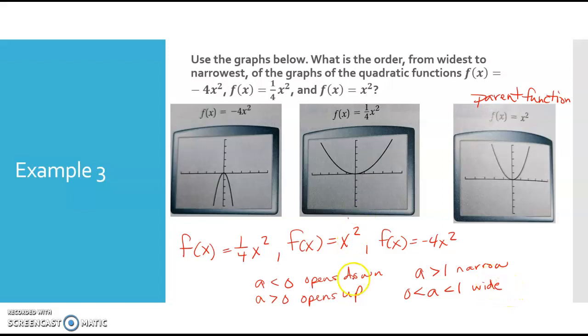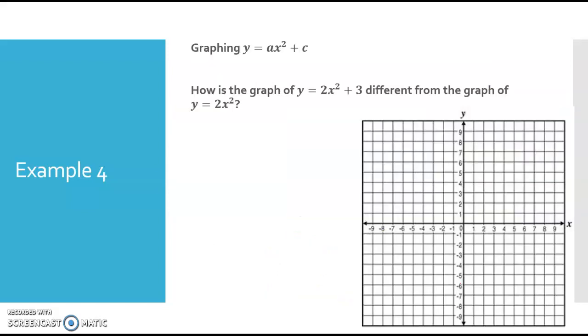Okay, and actually I should put absolute value there, because it doesn't matter if it's negative or positive. The distance from 0, if it is bigger than 1, so whole numbers, then we're narrow. If we're between 0 and 1, then we're wide. Okay, so those are just some things to notice. So that's how the a value affects our graph.